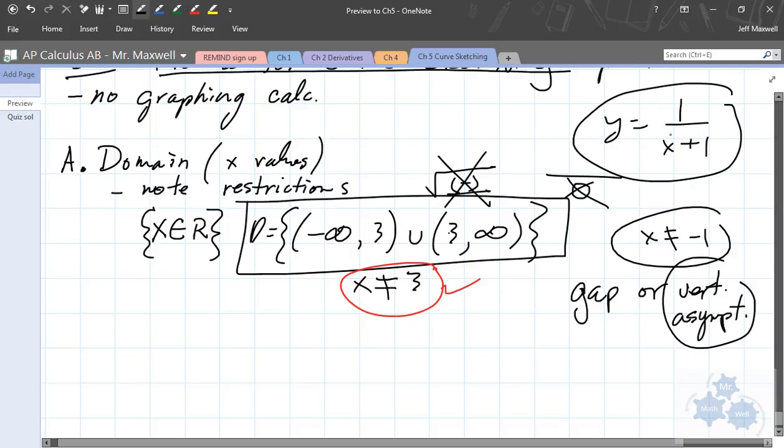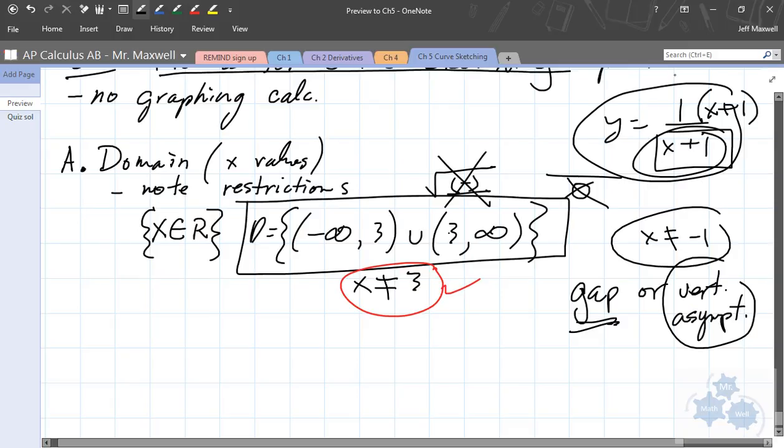Why? Because there is no other factor of x plus 1 on top. If it was x plus 1 over x plus 1, for some reason, then it would be a gap. So if this restriction that is in this factor here can be divided out, it's a gap.